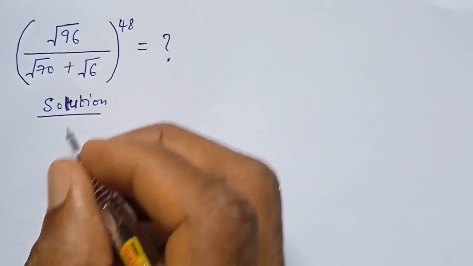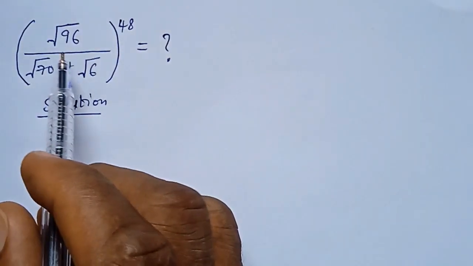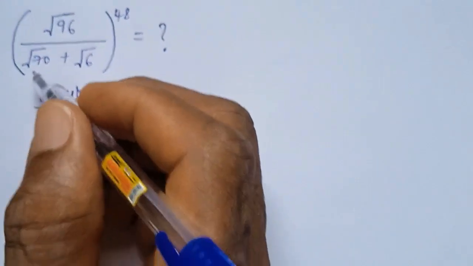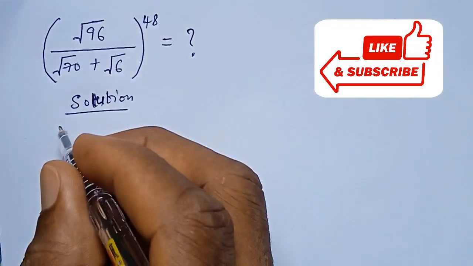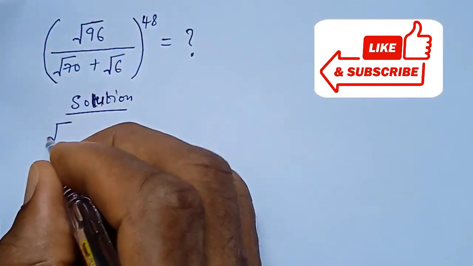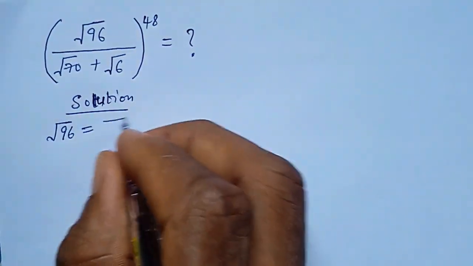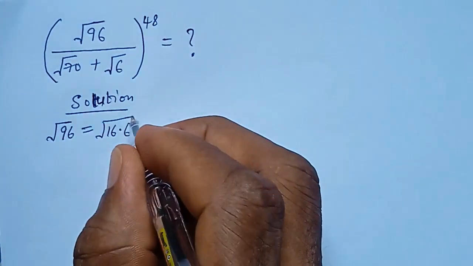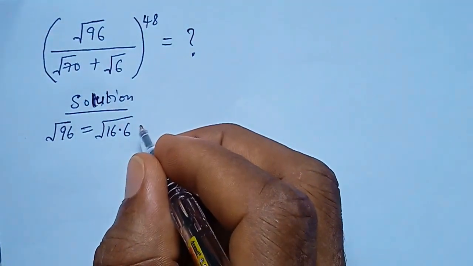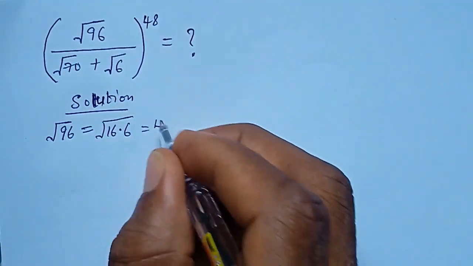In the solution here, we'll first start with simplifying the numerator in the bracket. So to do that, we have square root of 96, which can be simplified as square root of 16 multiplied by 6. Square root of 16 will be equal to 4.